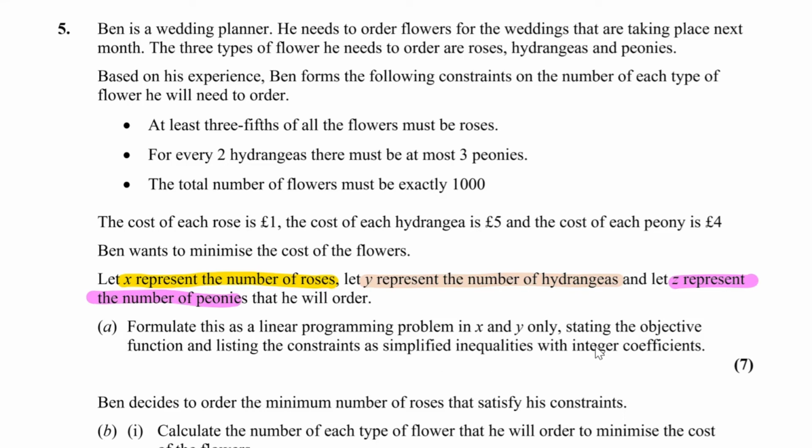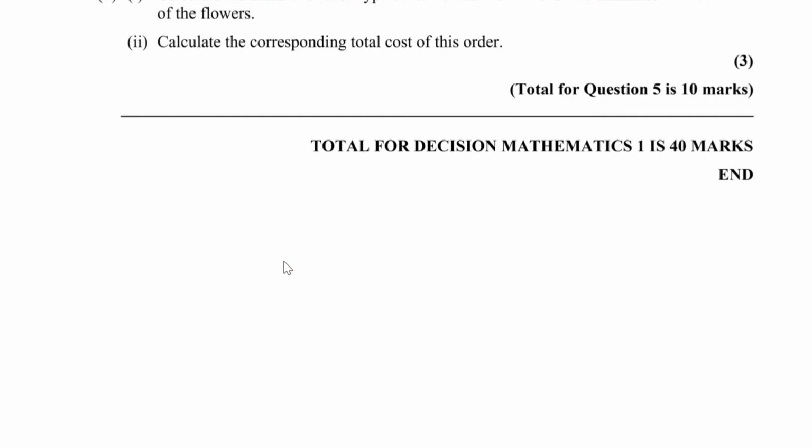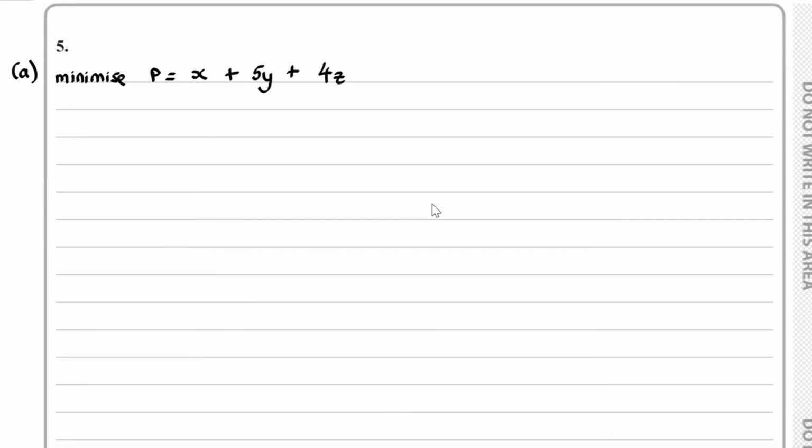Okay, so first thing you notice, we've got the cost over here and we want to minimize the cost. So first thing we can write down, we want to minimize P equals X, because the cost of each rose is £1, plus 5Y, so every H is £5, plus 4Z, so every P flower is £4.